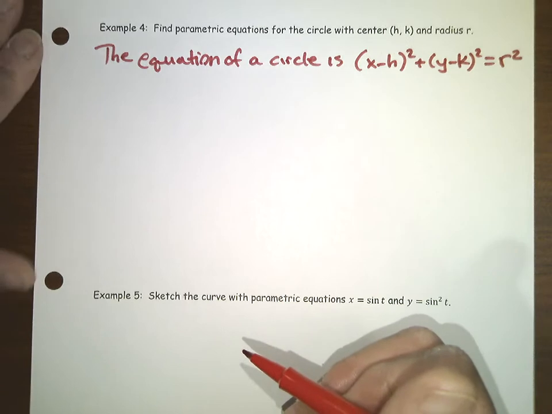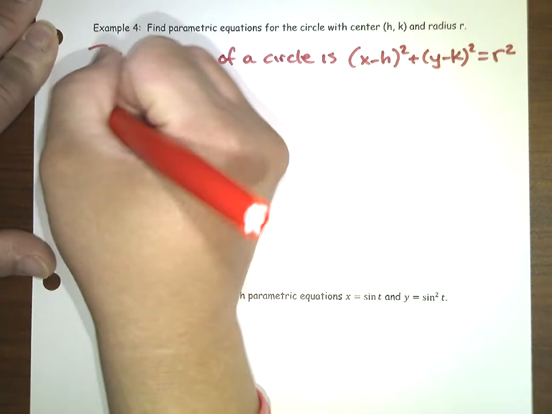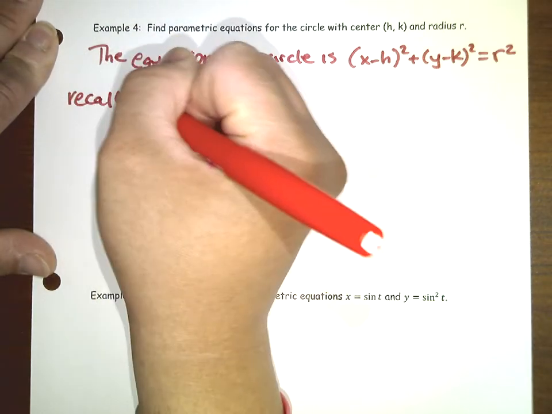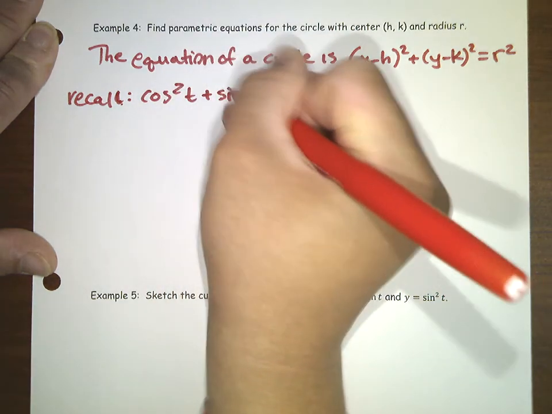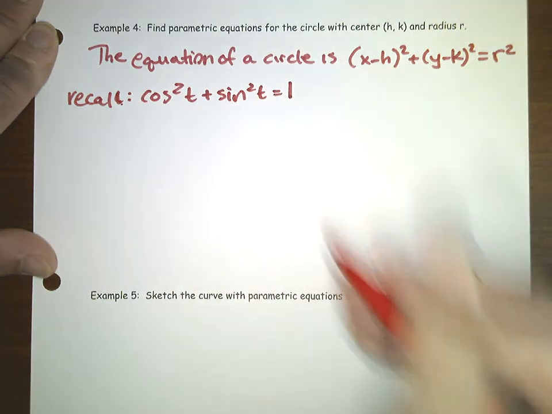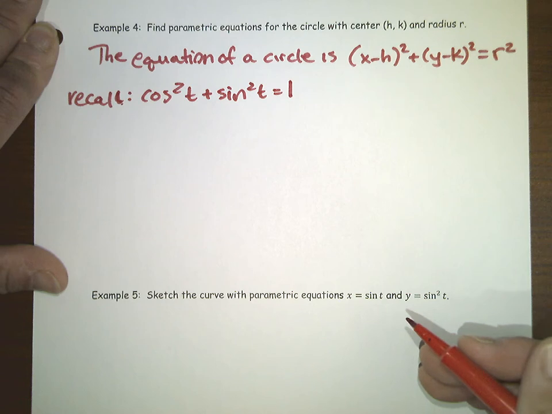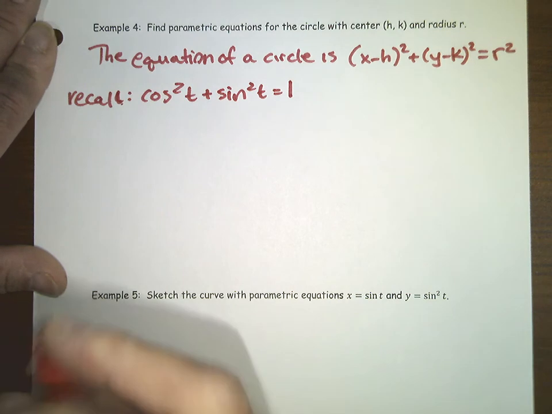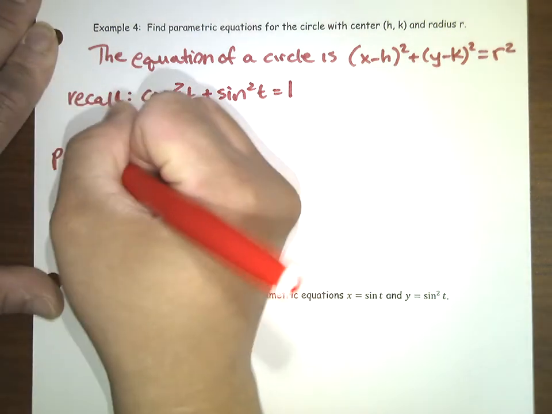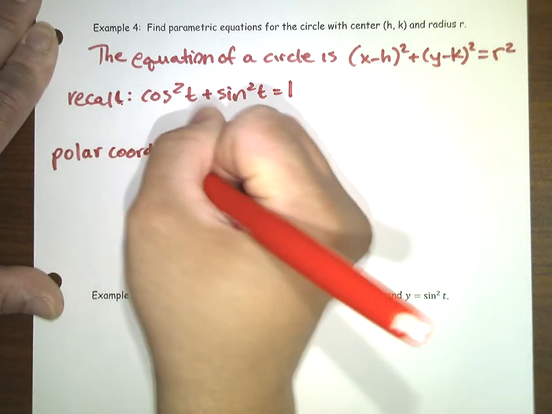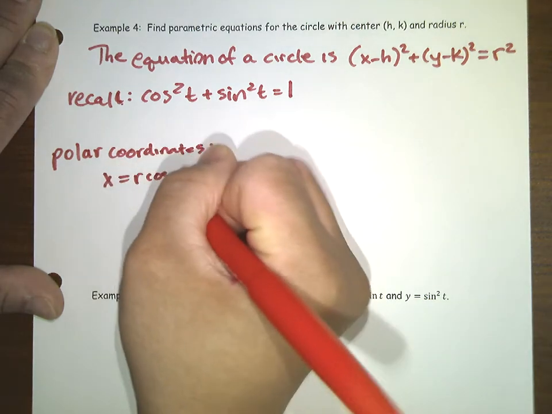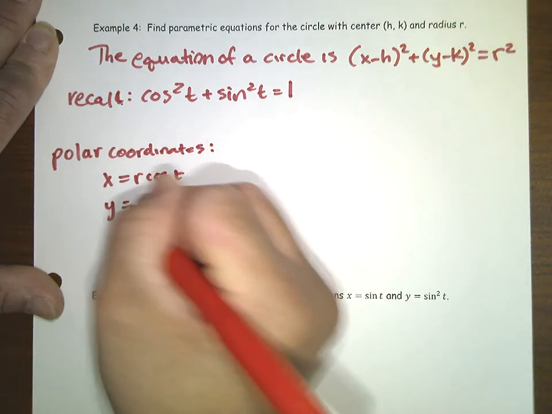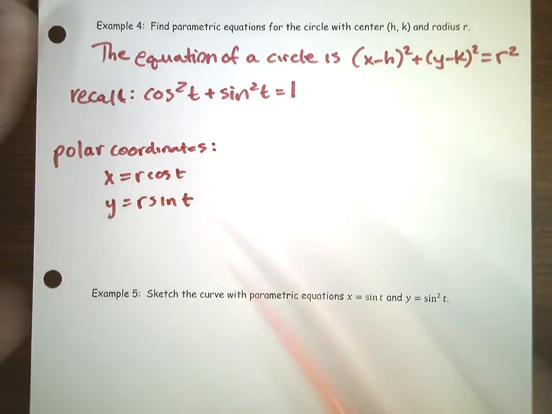But just recall that we've been using this already: cosine squared t plus sine squared t is equal to 1. And then in polar coordinates, x is r cosine of t and y is r sine of t.